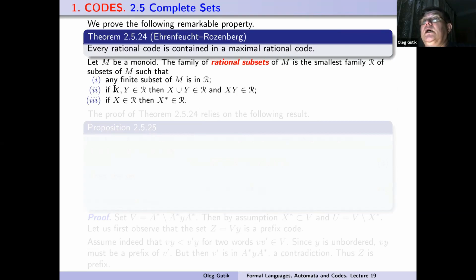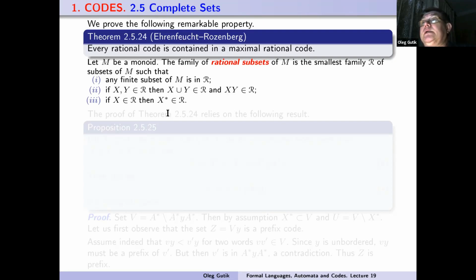First, any finite subset of M is in R. Second, if X and Y belong to R, then the union and the product belong to R. Third, if X belongs to R, then the free monoid X star belongs to R. So this family is called rational.